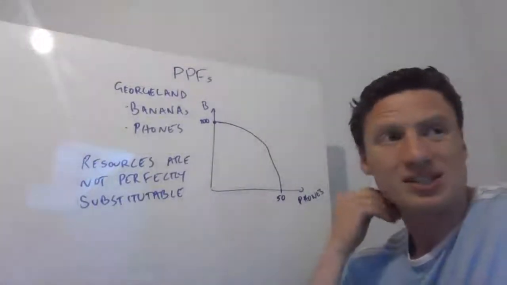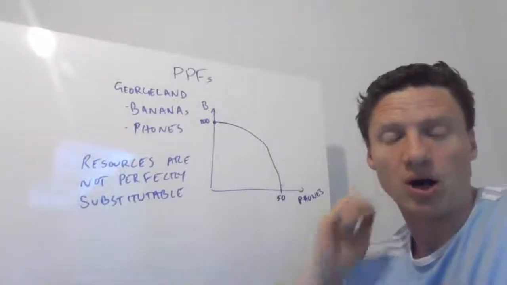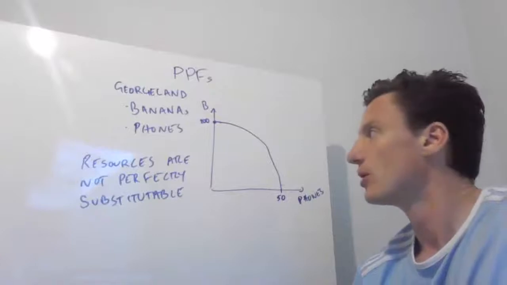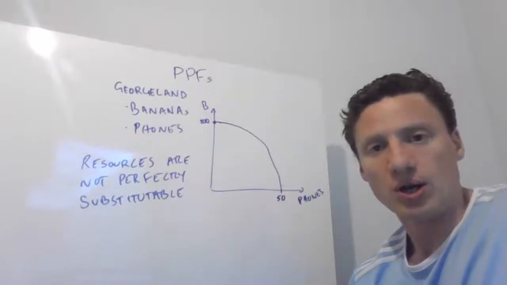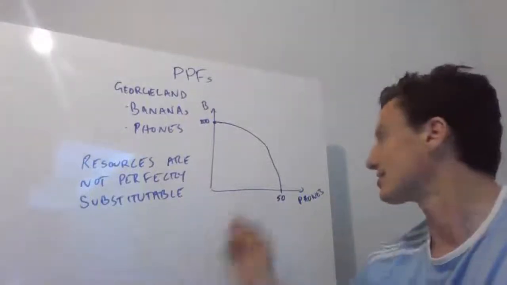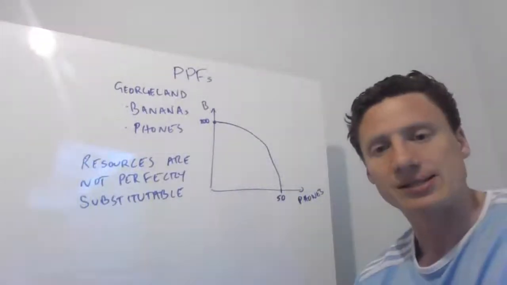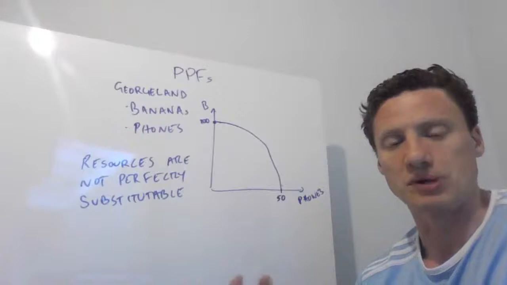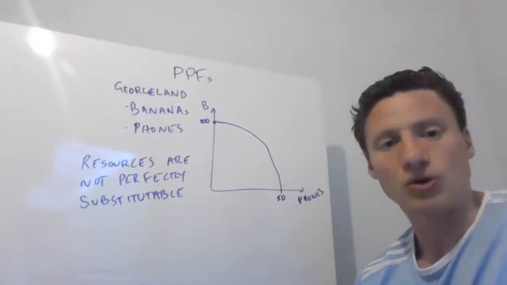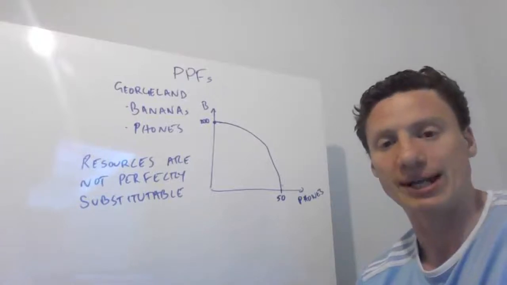Well, let's take a unit of labor, a worker. In the real world, not every worker is equally good at making bananas as they are at making phones. Some people are much better at making bananas, and other people will be much better at making phones. You can obviously extend that to machinery and land as well.